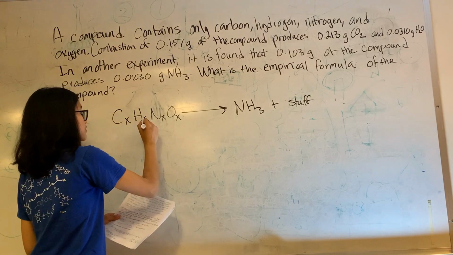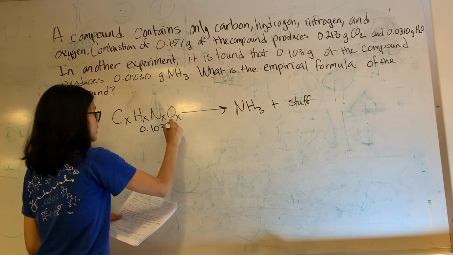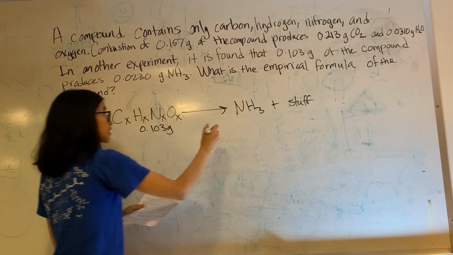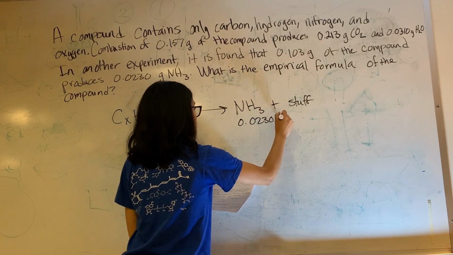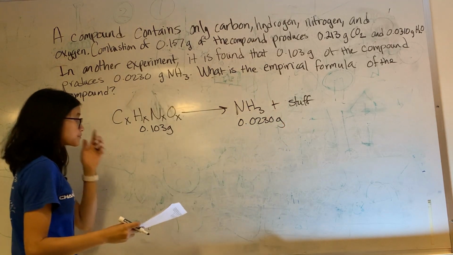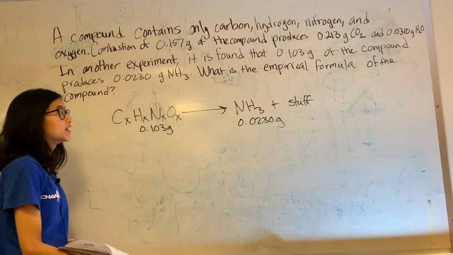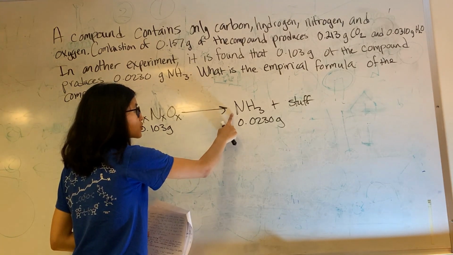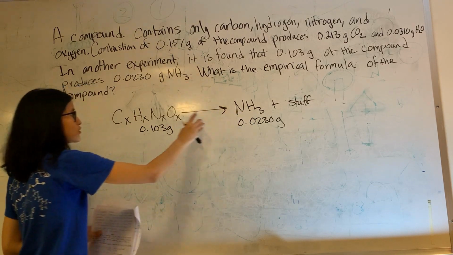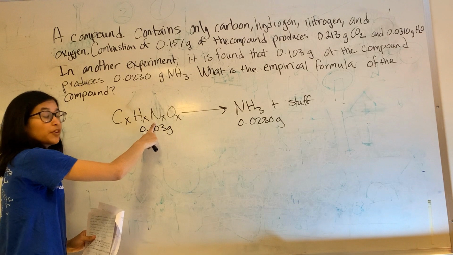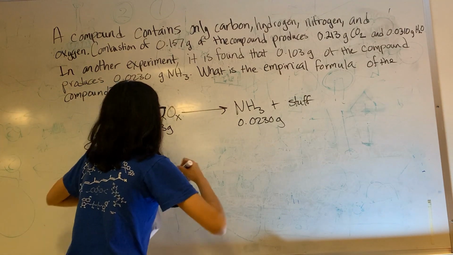Make sure we're using the right one here. 0.103 grams of the sample is going to 0.0230 grams of ammonia. But we can still make the same assumption, because they told us we could, that basically all of the ammonia contains all of the nitrogen that was in the original sample. Okay? So we're going to do the exact same procedure.